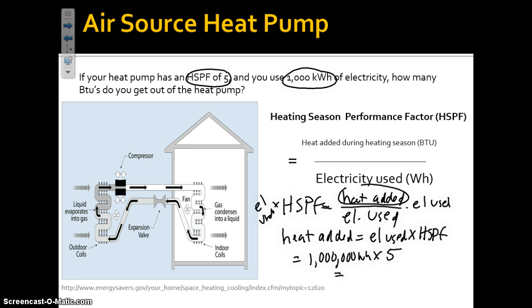So my heat added is going to be 5 million BTU, sorry about that. So that's 5 times 10 to the 6 BTU. Okay, so with some simple algebraic rearrangement, you can do it in the other direction as well.